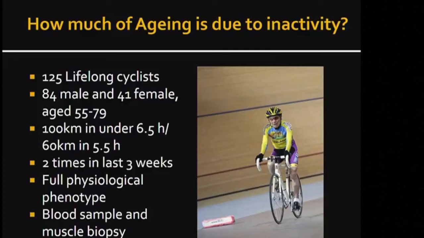And to be in the study, they had to have been able to cycle 100 kilometres in 6.5 hours for the males, 60 kilometres in 5.5 for the females. They had to have done that twice in the last 3 weeks, so they were maintaining this activity. So these are not Olympians, but they're the guys out in Lycra at the weekend that you'll see around the village lanes, etc.